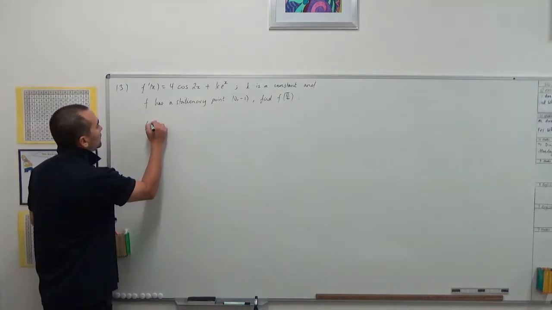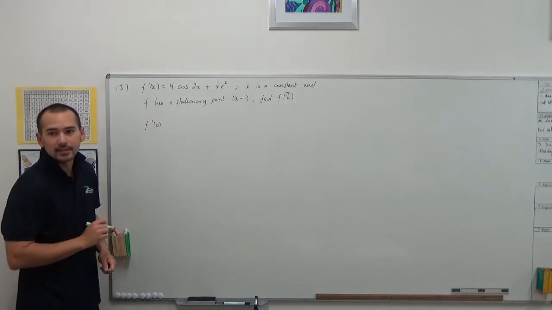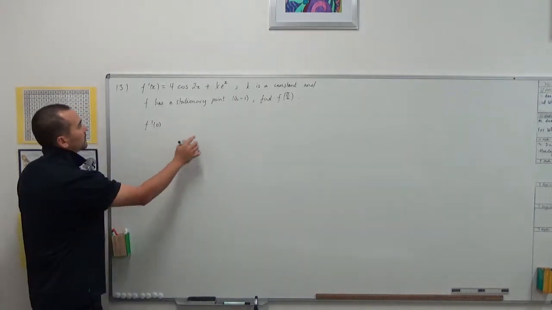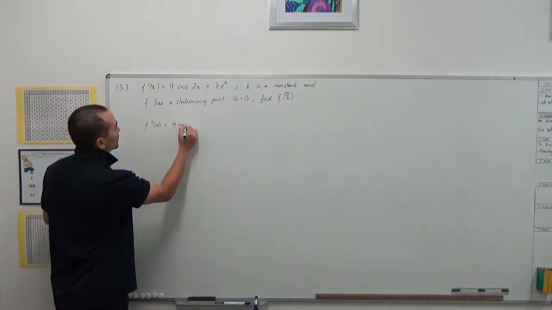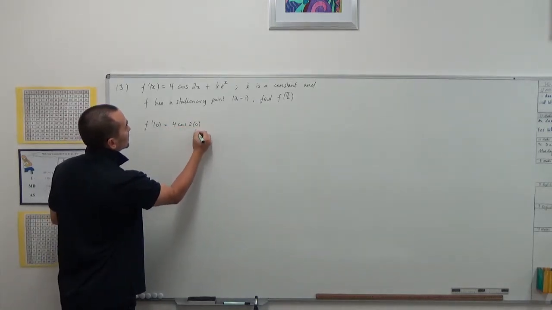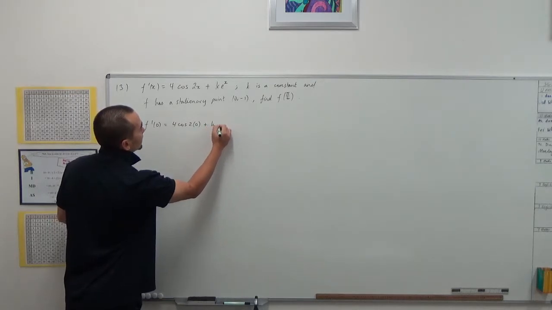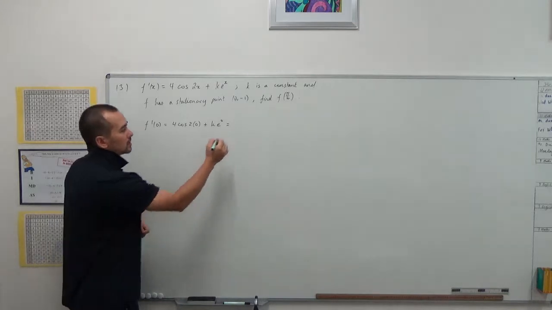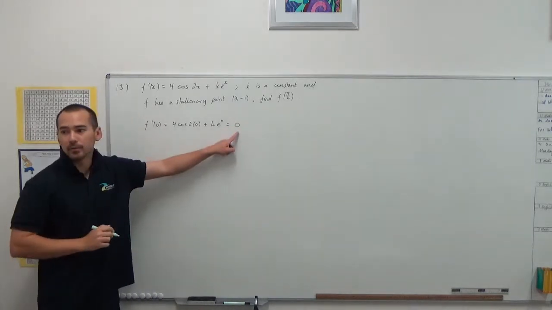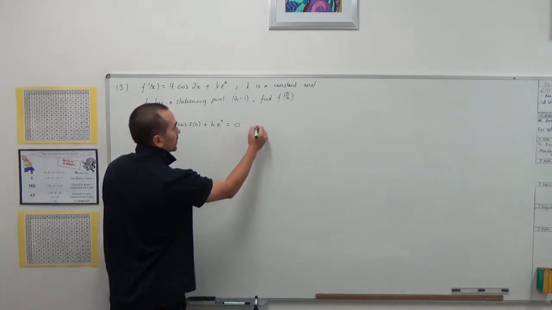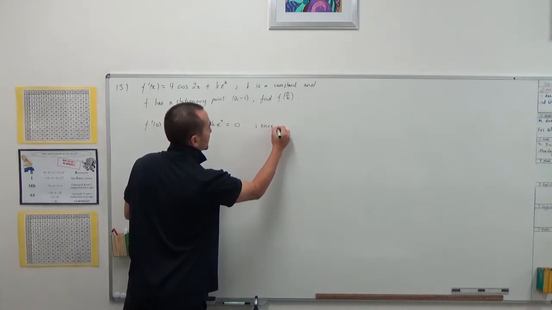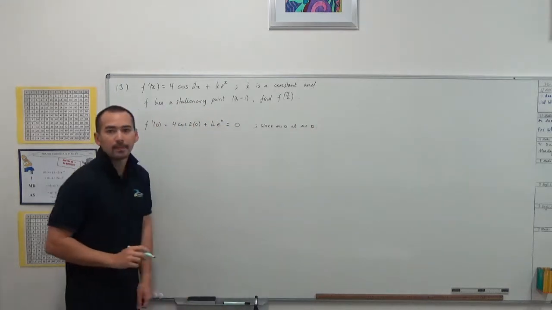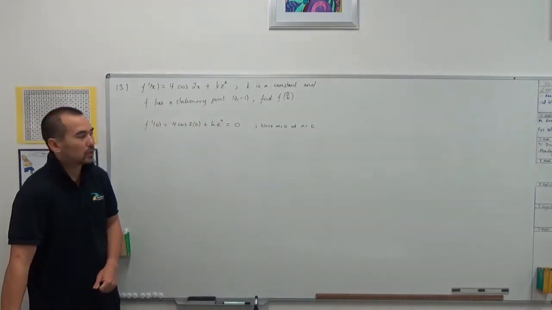So when x equals 0, we know that the derivative is 0. 4 cosine 2 times 0 plus k times e to the power 0 is equal to 0, because it's a stationary point, so we know the gradient is 0. Okay, so that's our first little clue.